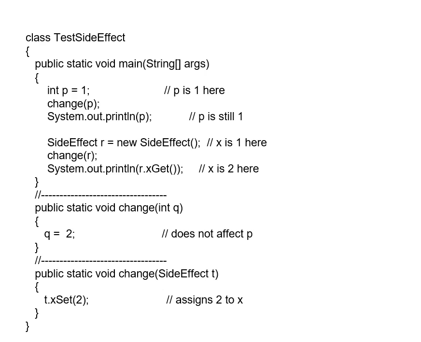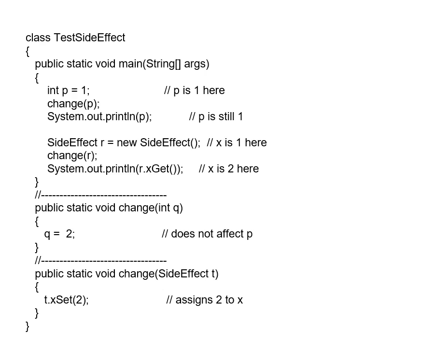But now we have something different happening here. We're calling the constructor. We're using new to construct a new SideEffect object, and that following new is the call of the constructor. And so we get a new SideEffect object, and the pointer to it is assigned to R. And now we call change passing it R. Now what's the type of R? It's SideEffect, right? R is the SideEffect pointer.